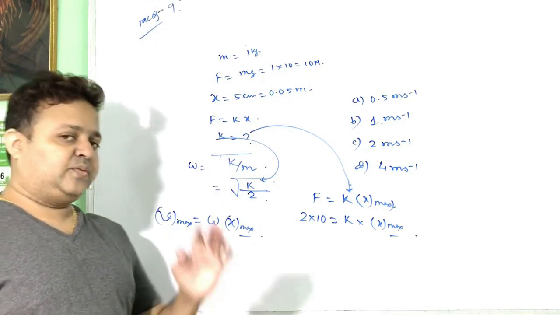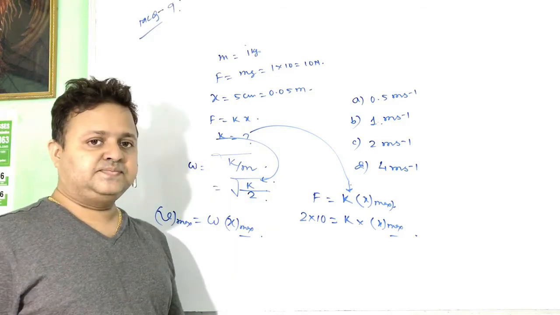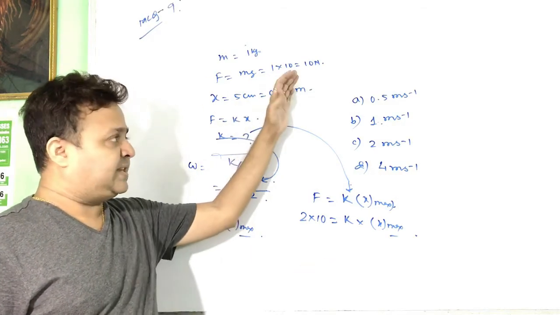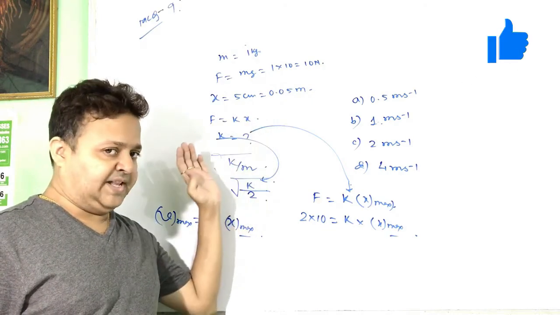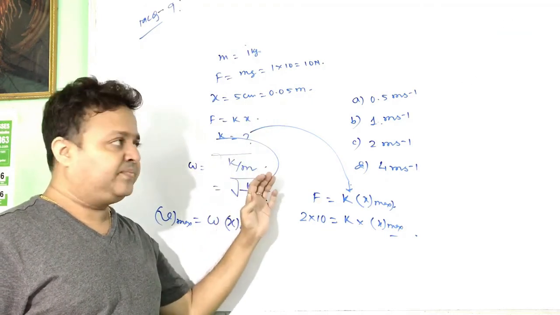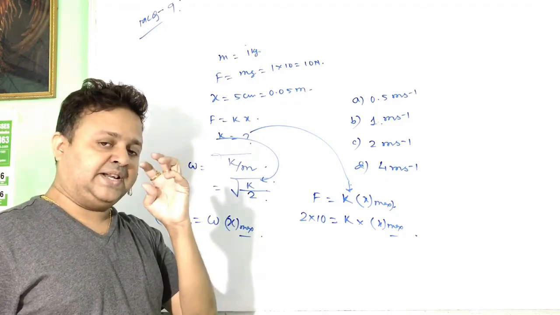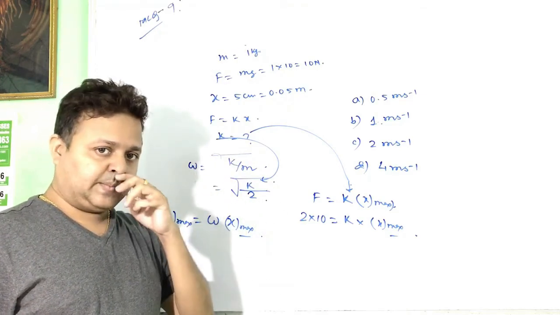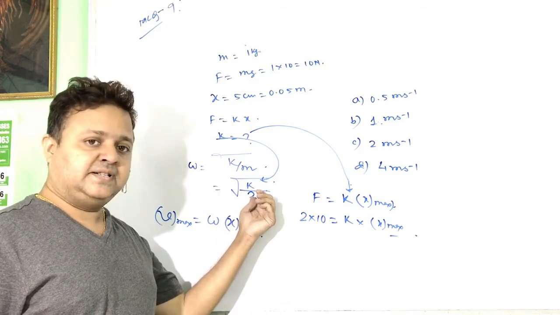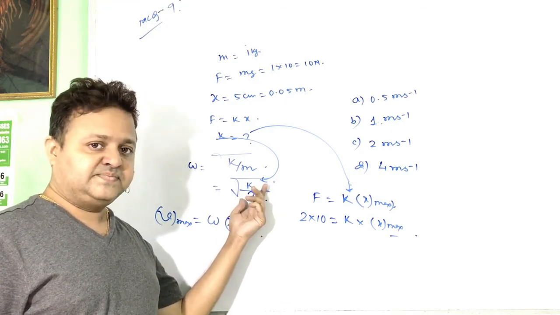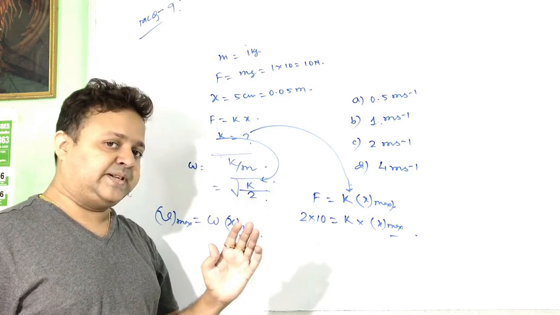So first the 1 kg block was suspended, the displacement of the spring was this, from which we found K. Now we can find omega, root over of K by M. K remains same because we are using the same spring, right? But the mass of the block changes, it becomes 2 kg. So omega found. Now we can find the maximum displacement.